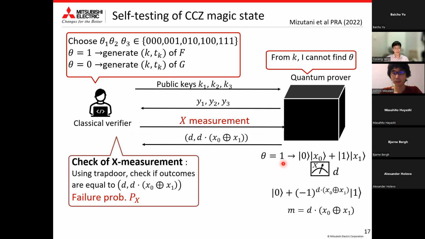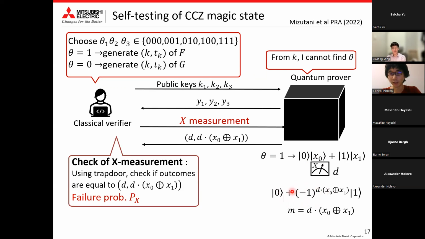In this case, the prover measures both the first and second register in the X basis and returns the X basis measurement outcome to the verifier. So specifically, if the second register is measured in the X basis, then the prover obtains the outcome D. After obtaining this D, the first qubit state is written like this.